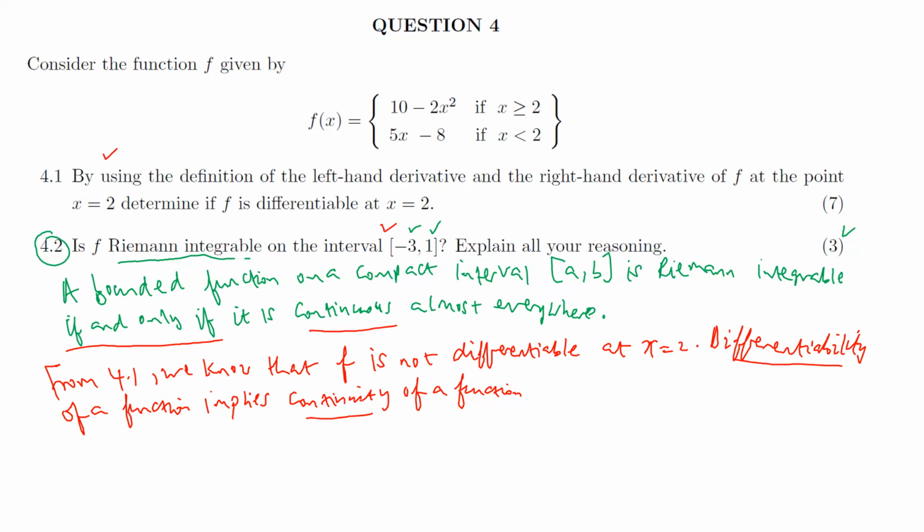But if it happens to be differentiable, then we know it's continuous. So we needed this answer. But it's not enough because it must be differentiable for it to be continuous. And then if it's continuous, we just require that the function be continuous for it to be Riemann integrable.